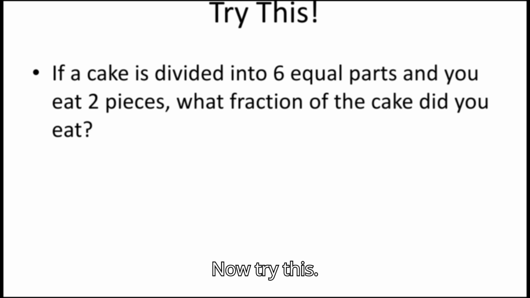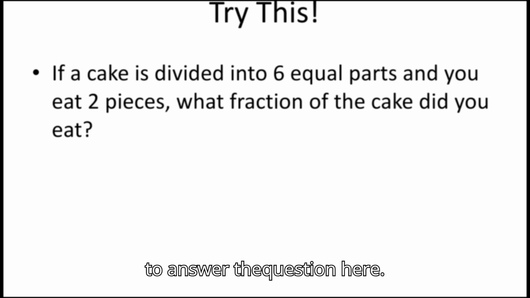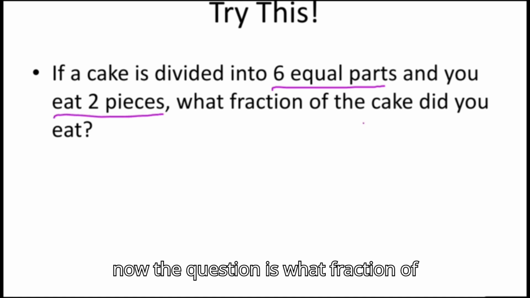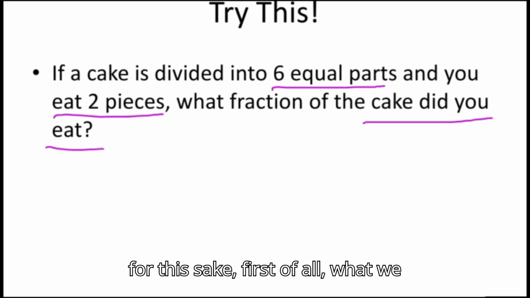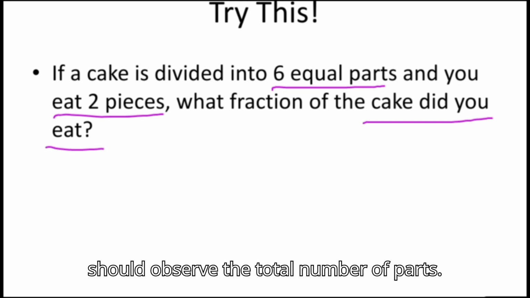Now try this. Come on children, now we will try to answer a question. If a cake is divided into 6 equal parts and you eat 2 pieces, what fraction of the cake did you eat? First of all, we should observe the total number of parts.